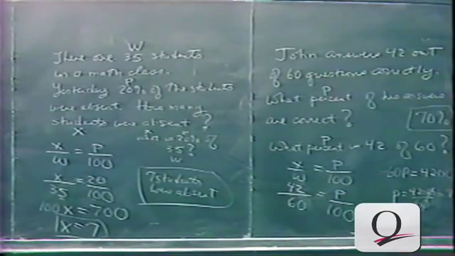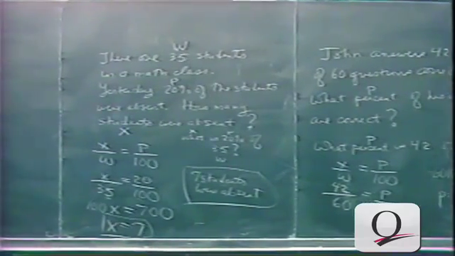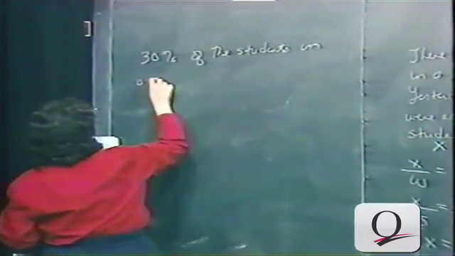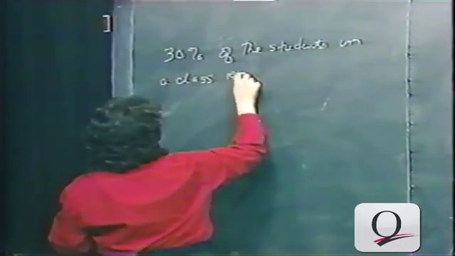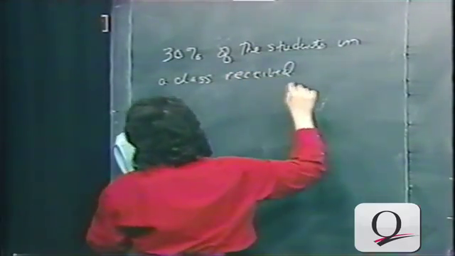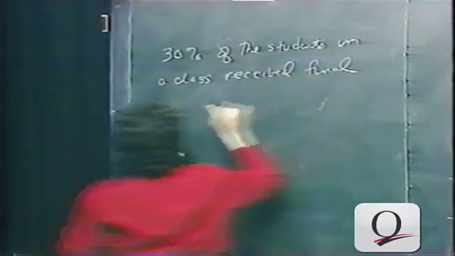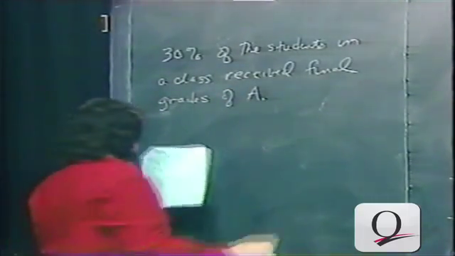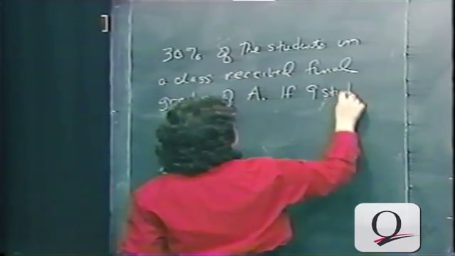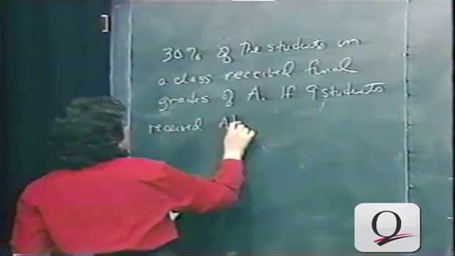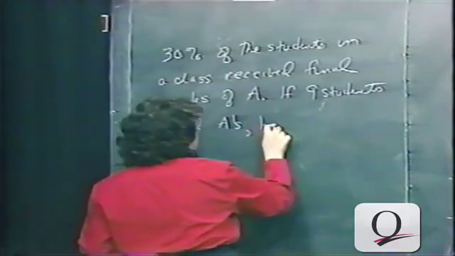And in this problem, well, you tell me. 30% of the students in a class received final grades of A. If 9 students received A's, how many students were in the class?